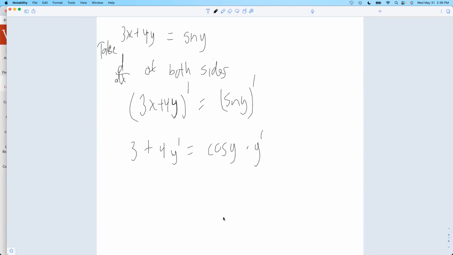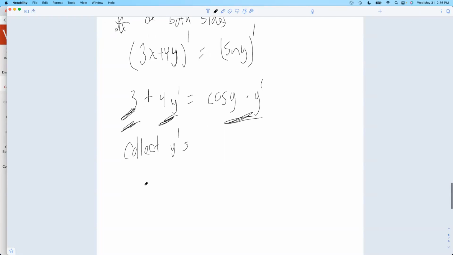Every single time, you're going to have some stuff that has y prime in it and some stuff that doesn't. So you're always going to collect the y primes, and I always go to the left. I'm going to get all my y primes on the left, and anybody that doesn't have a y prime, I'm going to take to the right.